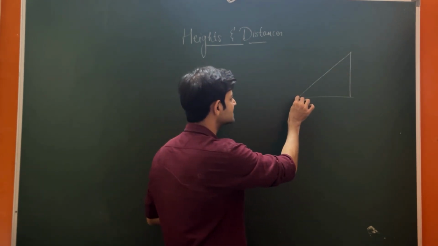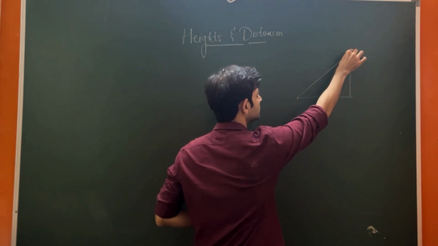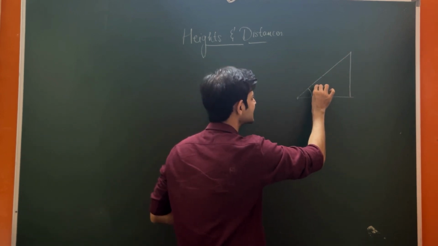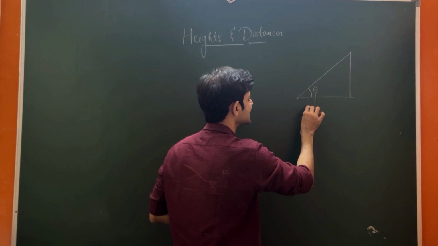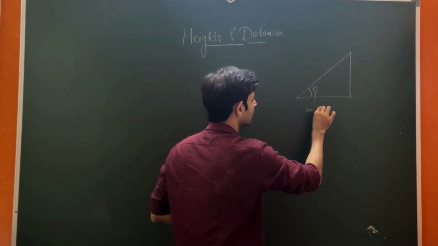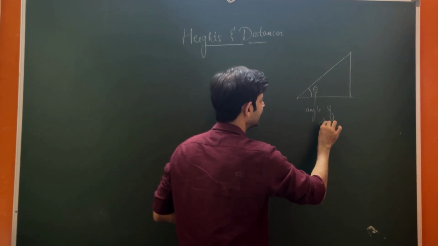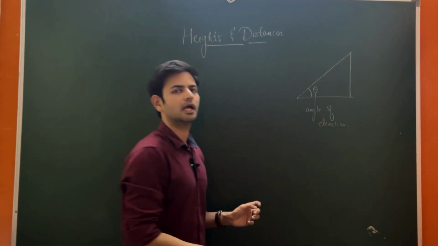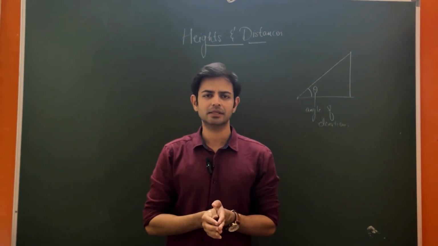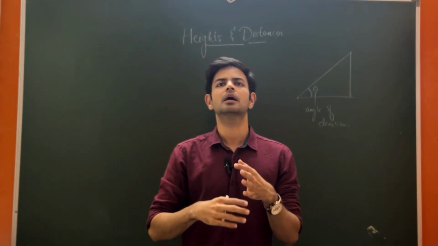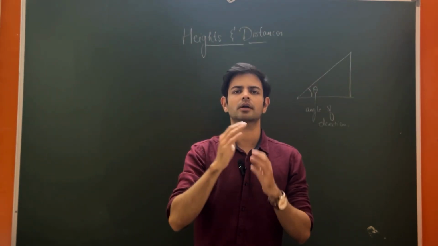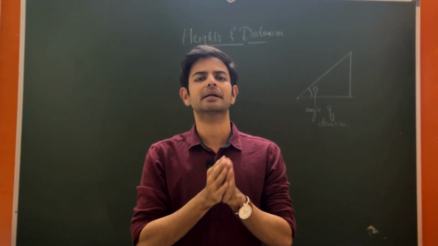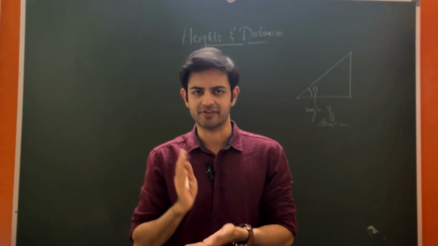If somebody is looking up from here to this point, this angle we call the angle of elevation. For example, a boy is standing here and he's watching a mountain or sun or the top of a tree or tower. All these things come under angle of elevation.